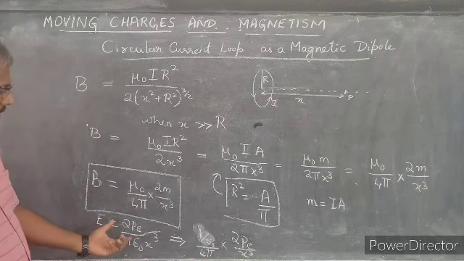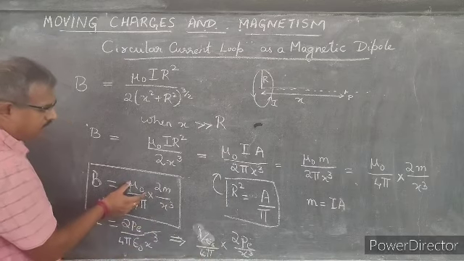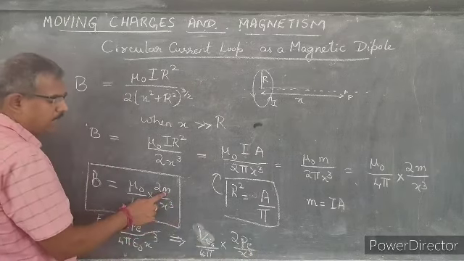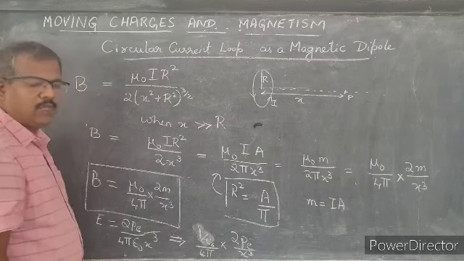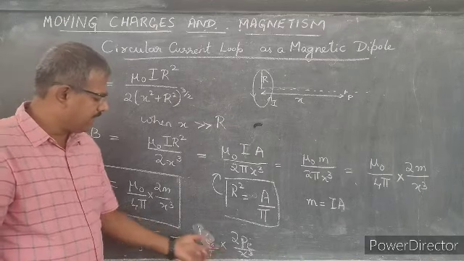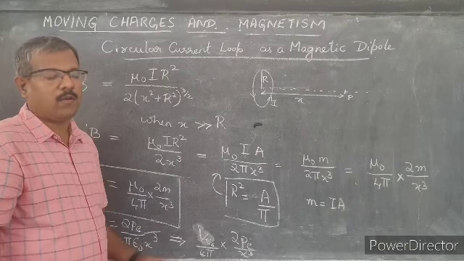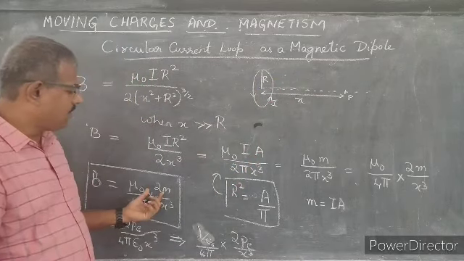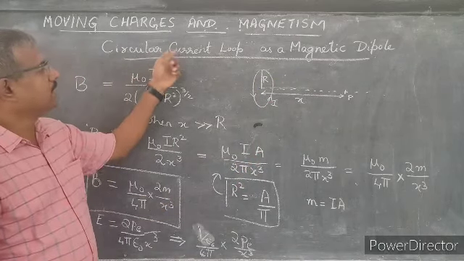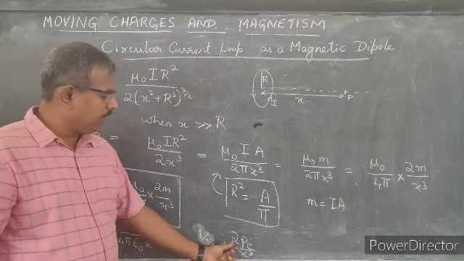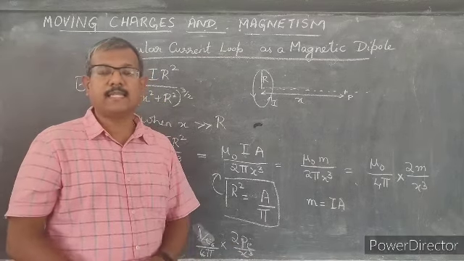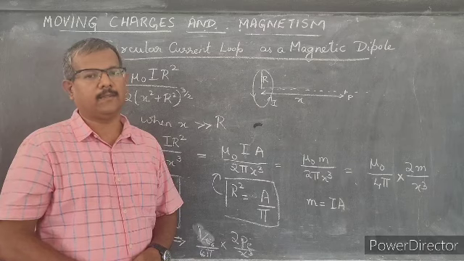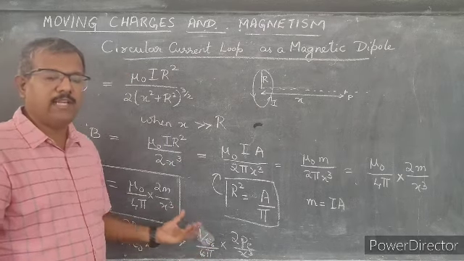So this term is the same as mu naught by 4 pi, 2m is 2 p_E, where m is the magnetic dipole, p_E, if you recall, is the electric dipole, and x is the distance from the center along this axis in the case of the circular current loop, and x in the case of the electric dipole was the distance along the perpendicular bisector of the electric dipole, if you recall correctly. So these two expressions are very similar.